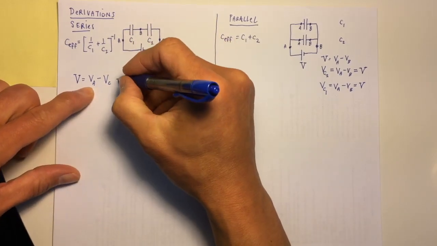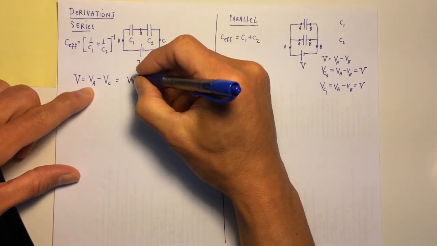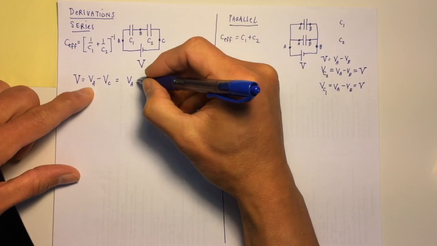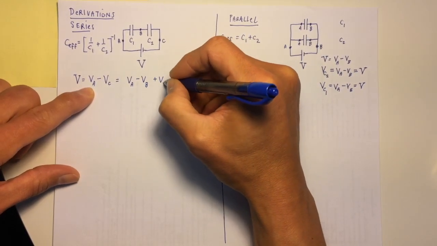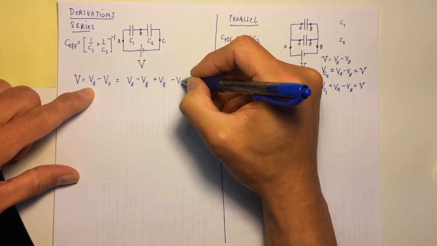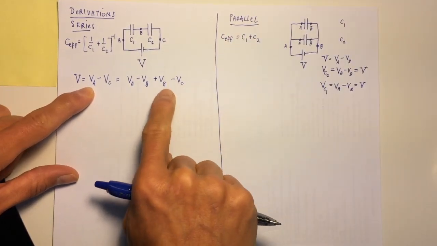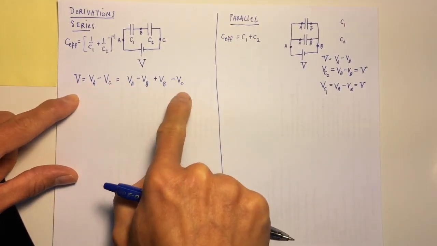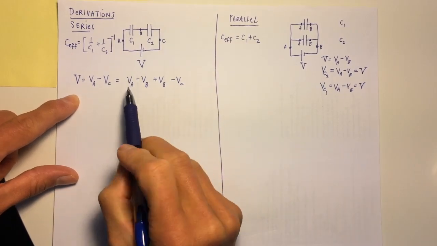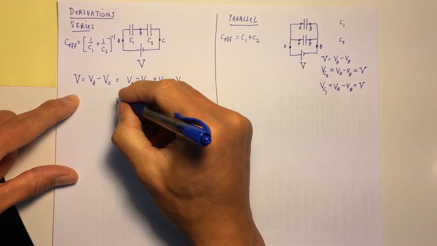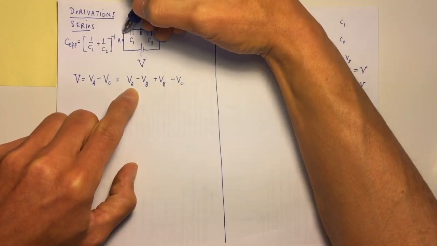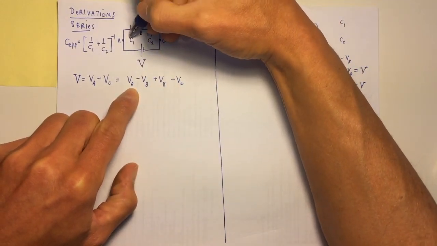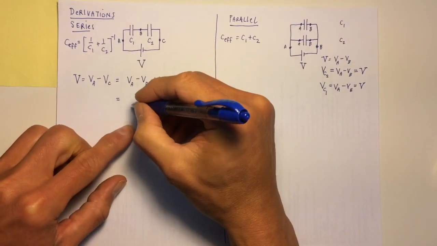So this is some trickery, but watch this. If I look at VA minus VB plus VB minus VC, can you see that this is actually equal? This is a little bit of a trick. But VA minus VB is the potential difference. Here's A and here's B. It's the potential difference across C1.